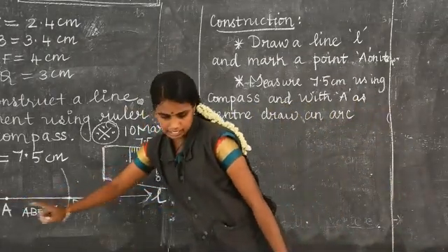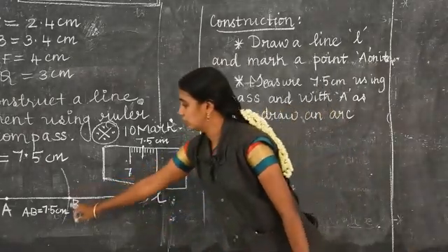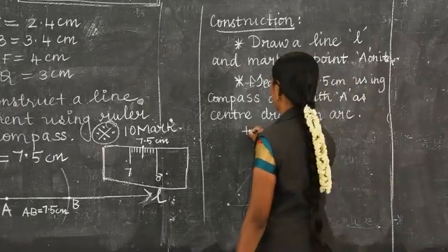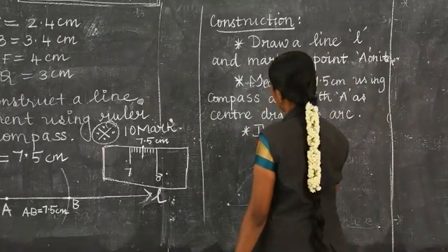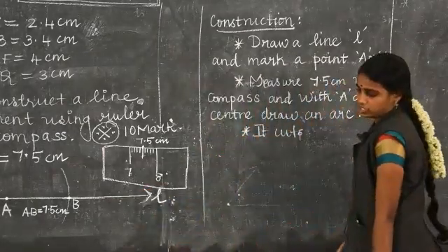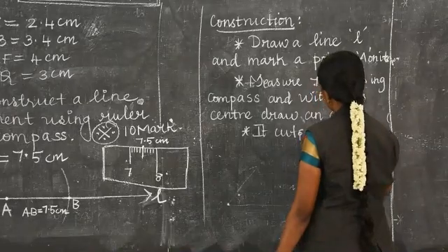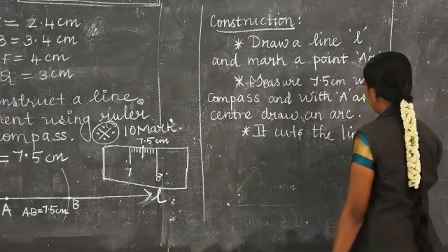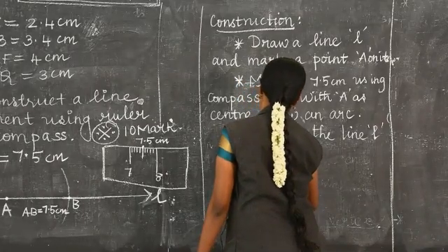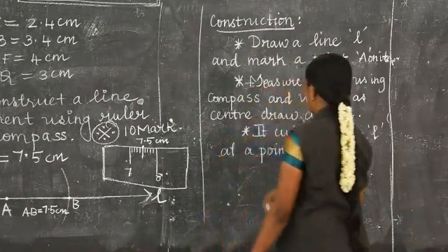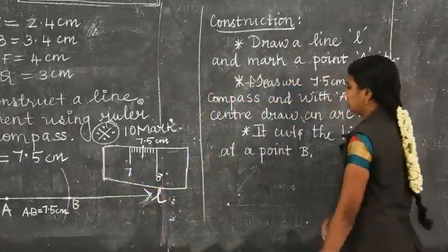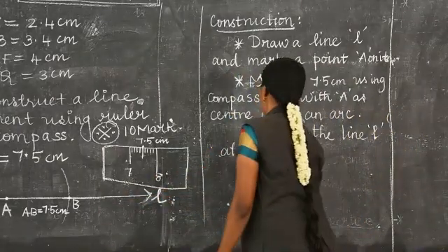Here with A as center, I have drawn an arc. It cuts the line L at a point B. So this arc cuts the line L at the point B.